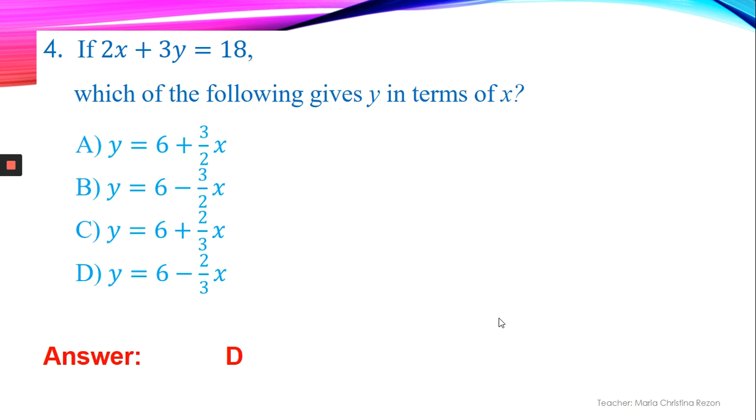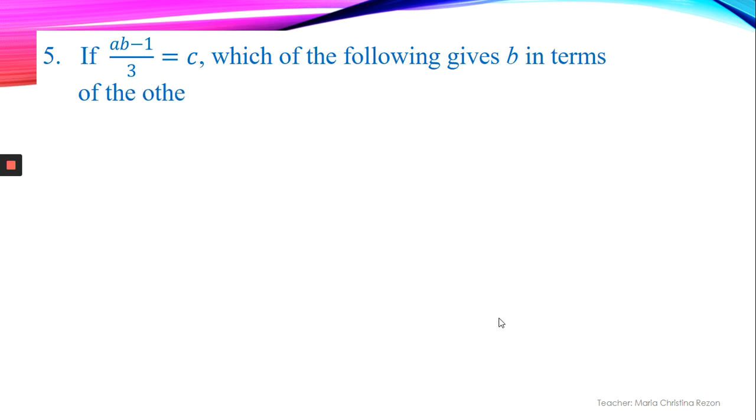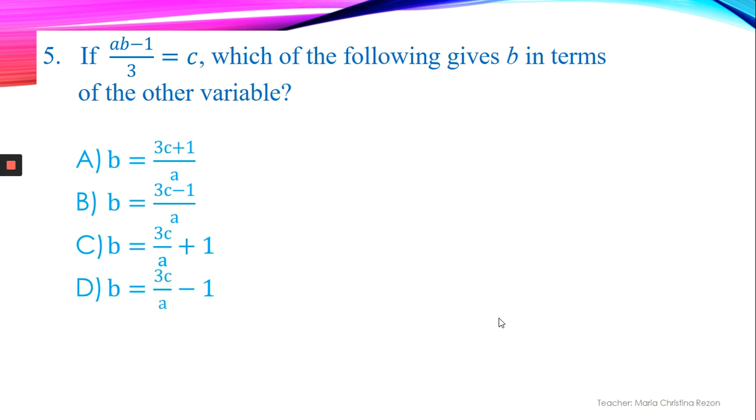Then let's have number 5. If (AB minus 1) all over 3 is equal to C, which of the following gives B in terms of the other variables? So you will have 4 different choices here.